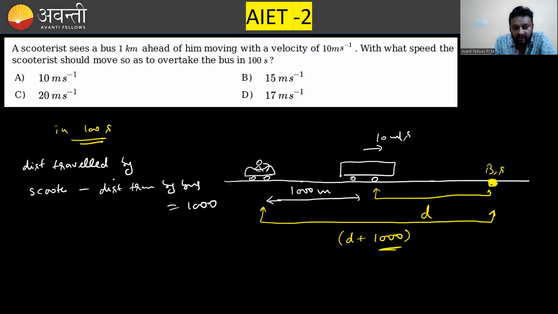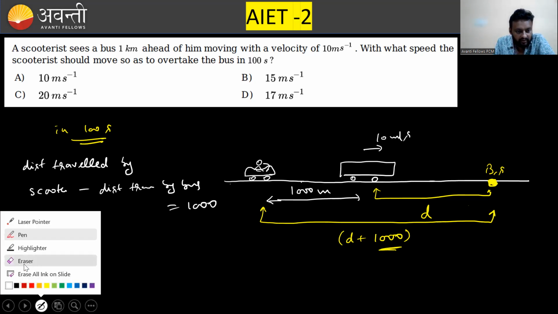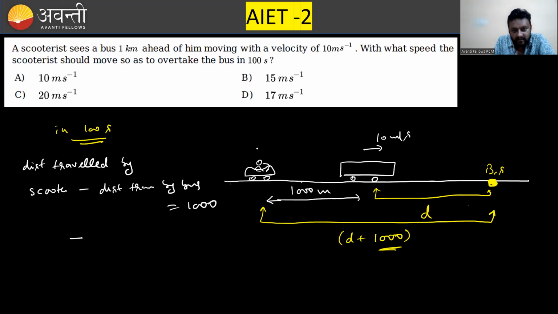Clear? Okay, distance traveled by scooter is not 1000. Distance traveled by scooter is, let's suppose its speed is v, so that is v into time, 100, minus distance traveled by bus, 1000, is equal to 1000.